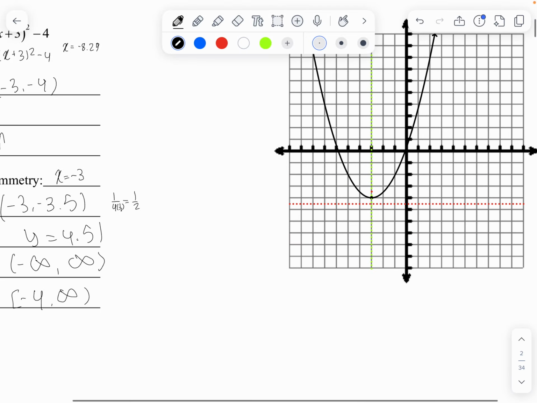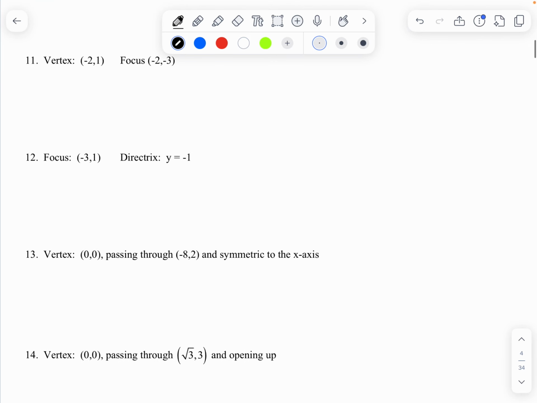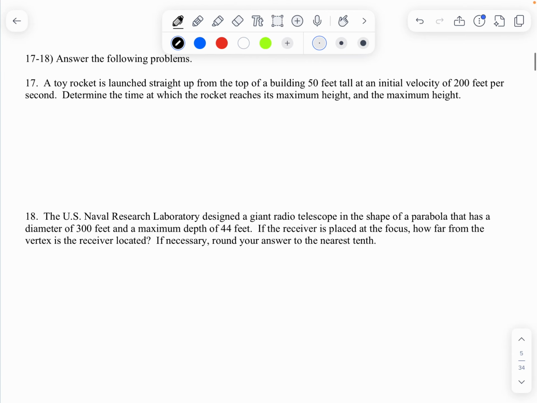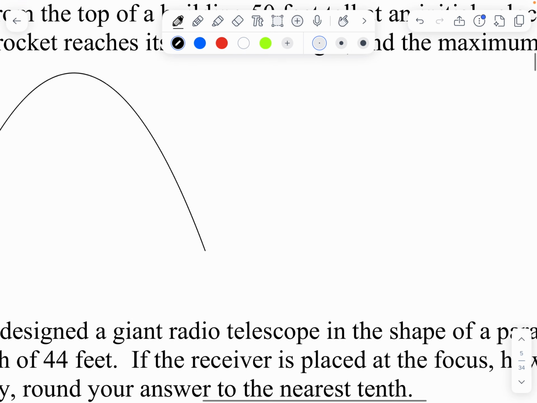Okay, so yeah, that's how you do that. And yeah, so these are word problems, but parabolas have other functions too. So like this could be a rocket ship. So let's say this is a rocket ship, right?